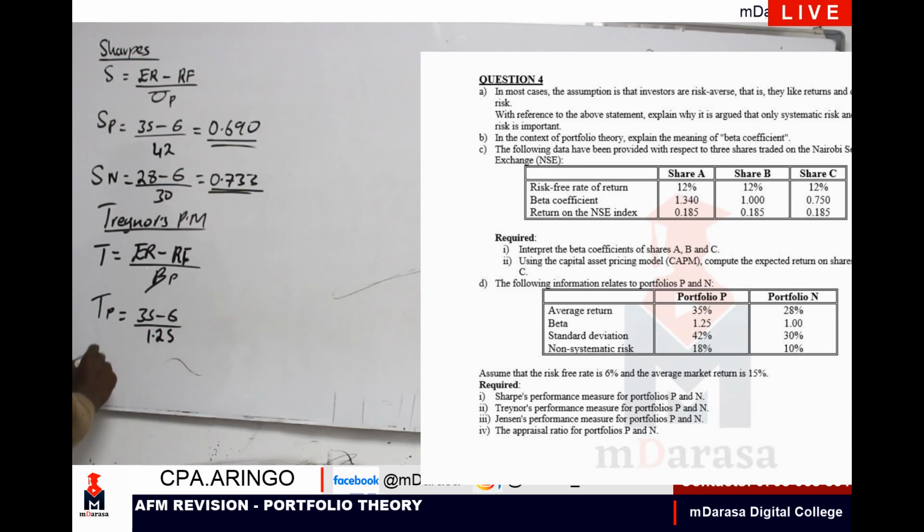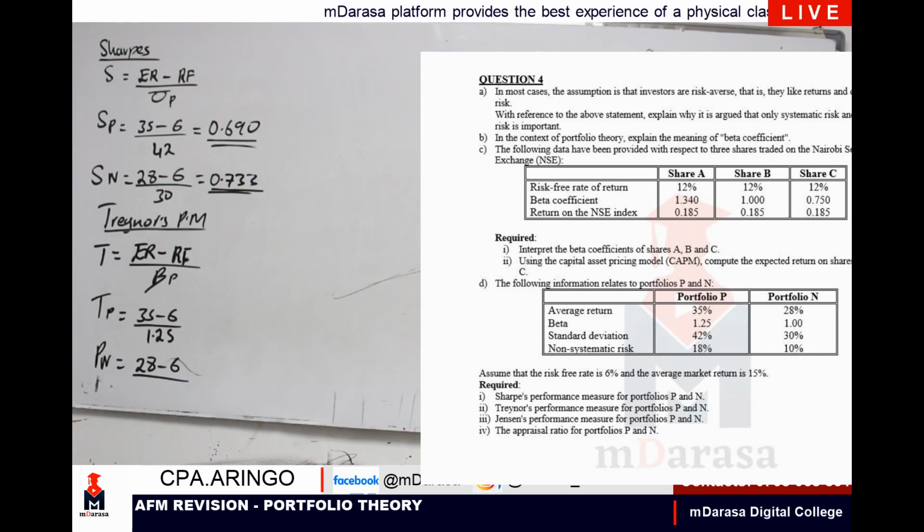In the other case for N, I should be having my value 28 minus 6. We divide by beta, and beta for security N was given as 1. So that will make our work much easier.